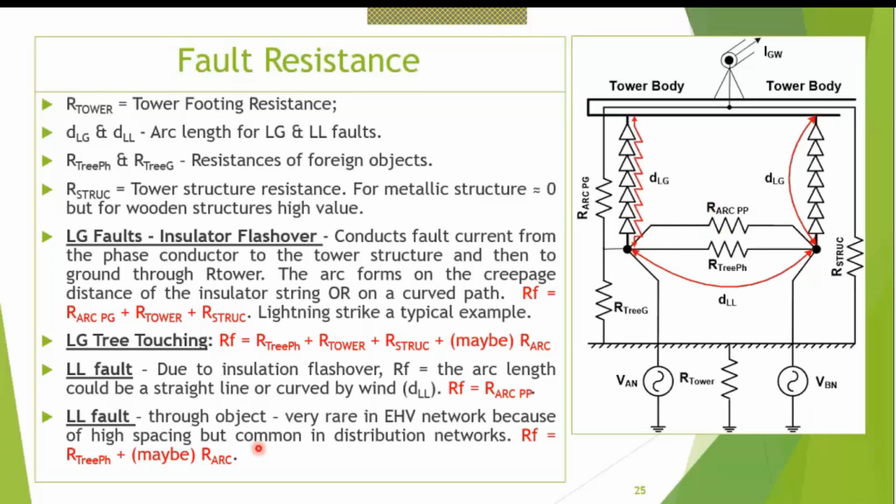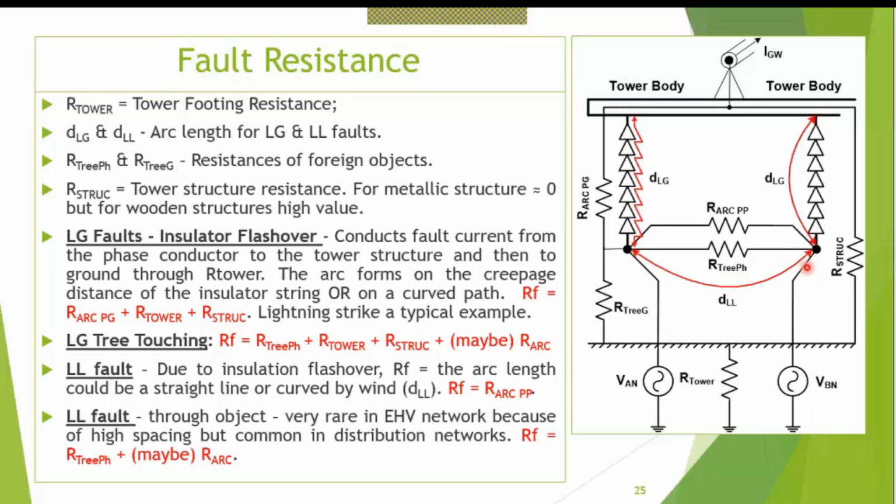There can be another thing happening which creates an LL fault, but the spacing is high. The tight string faults between phase to phase. That is not an arc. There might also be something flying, and remember in lightning during a storm, one of our tin sheds flew and settled over a conductor.